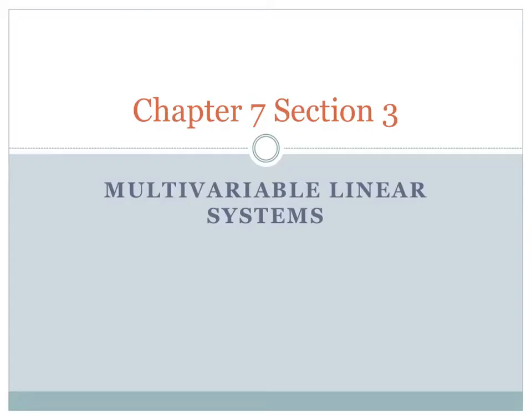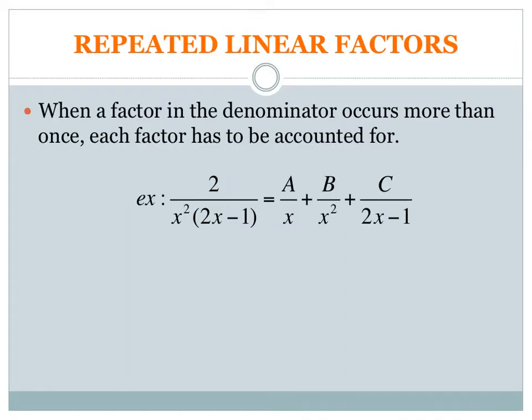So there's one last part from 7.3, which is called partial fractions with repeated linear factors. So when a factor in the denominator occurs more than once, the exact same factor, then each factor has to be accounted for. If I were to take this left side, let's just say, pretend we didn't have the discussion already, pretend this was the other day, and I said to take that and break it down into its factors.